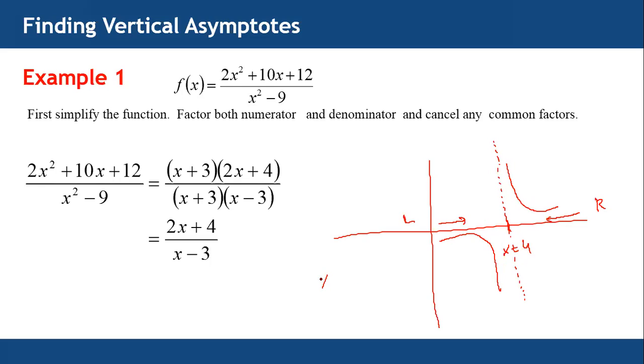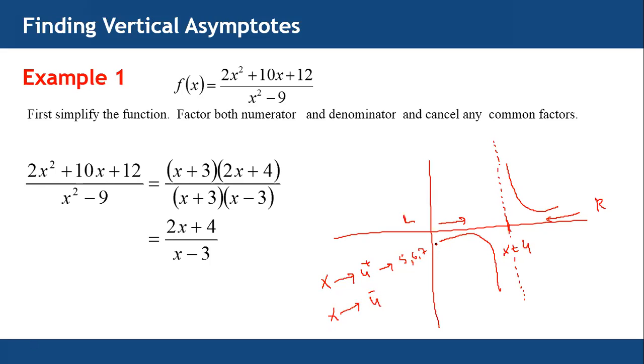So we can say that x tends to 4. If we write plus 4, this means the graph is approaching from the right side, from higher values, from 5, 6, 7.